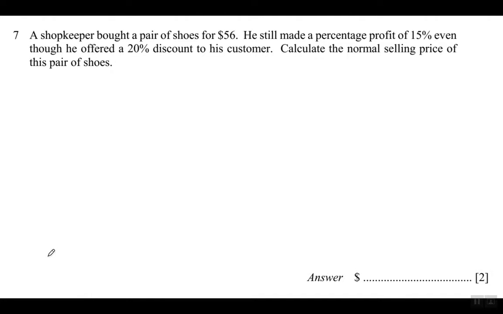Ready? Let's start this one. Go. A shopkeeper bought a pair of shoes for $56 and made a profit of 15%, even though he offered a 20% discount to his customer. Calculate the normal selling price of this pair of shoes. So the cost equals 56.